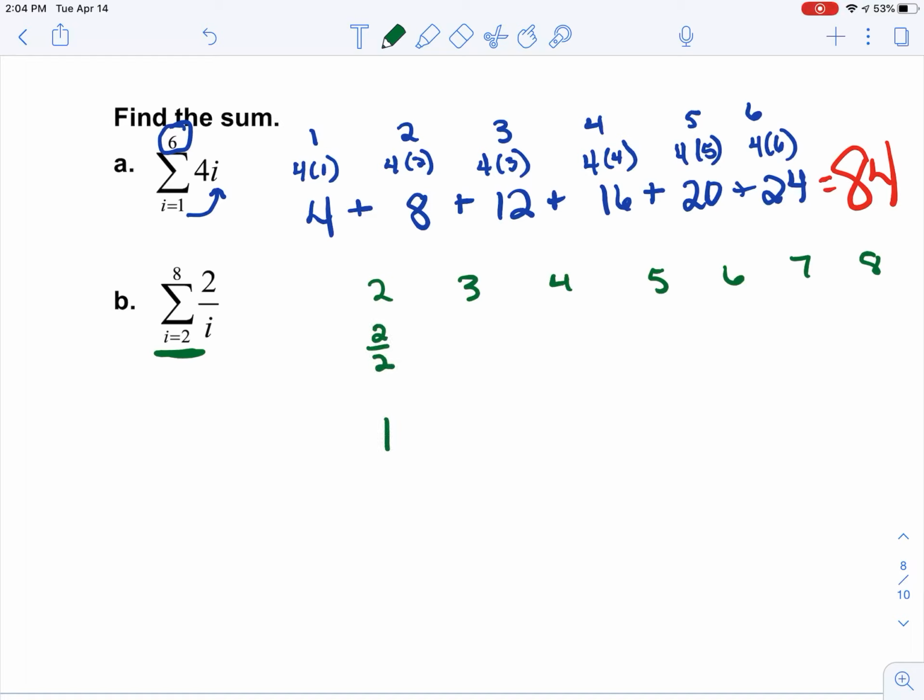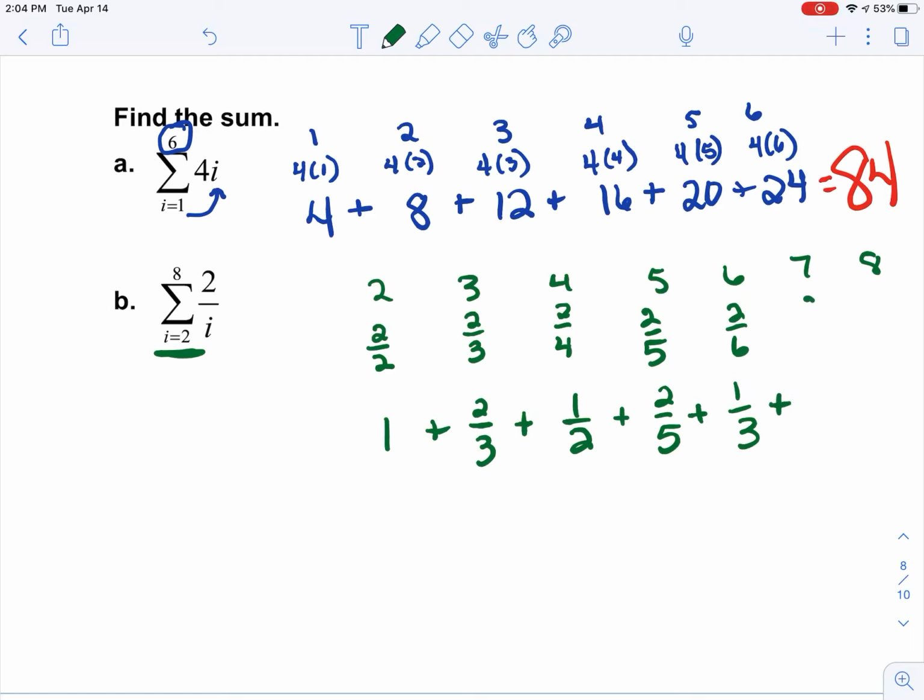So I have 2 over 2, which gives me 1, plus 2 over 3 is 2/3, plus 2 over 4 is 1/2, plus 2 over 5 is 2/5, plus 2 over 6 is 1/3, plus 2 over 7 is 2/7, plus 2 over 8 is 1/4.